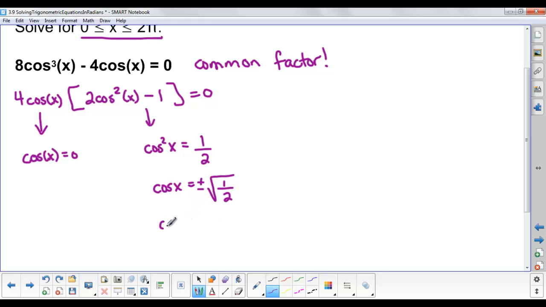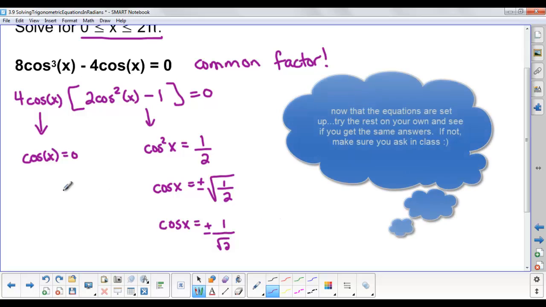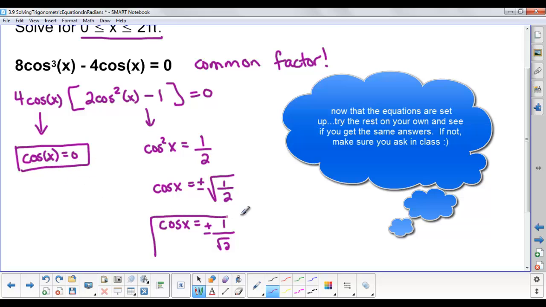And especially when you're taking the square root of a fraction, what you're really doing is taking the square root of the numerator, which is just 1, and the square root of the denominator. Okay, so we have two possible equations to solve for. We have cos x equals 0, and we have cos x equals plus or minus 1 over root 2.